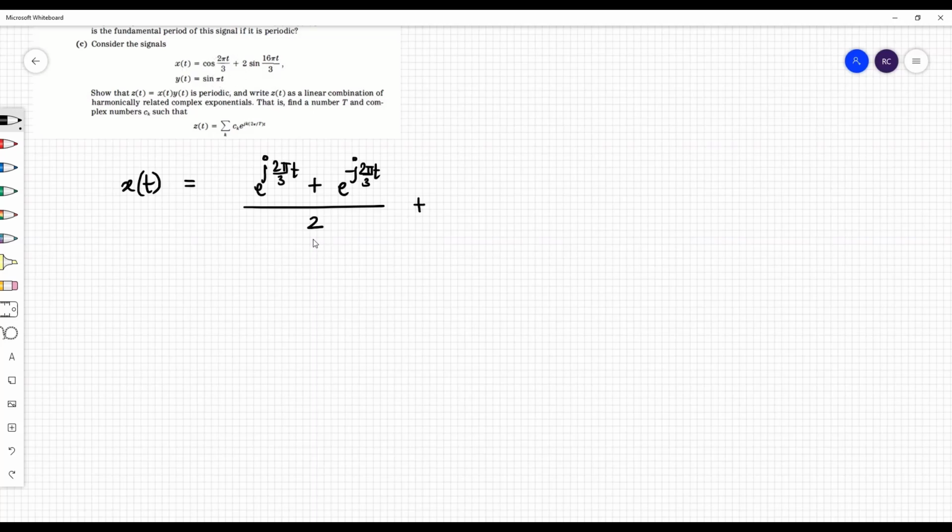And then I could write the second term, twice of, how can I write this term? I could say e to the power j 16 pi by 3 t minus e to the power minus j 16 pi by 3 t divided by 2j.